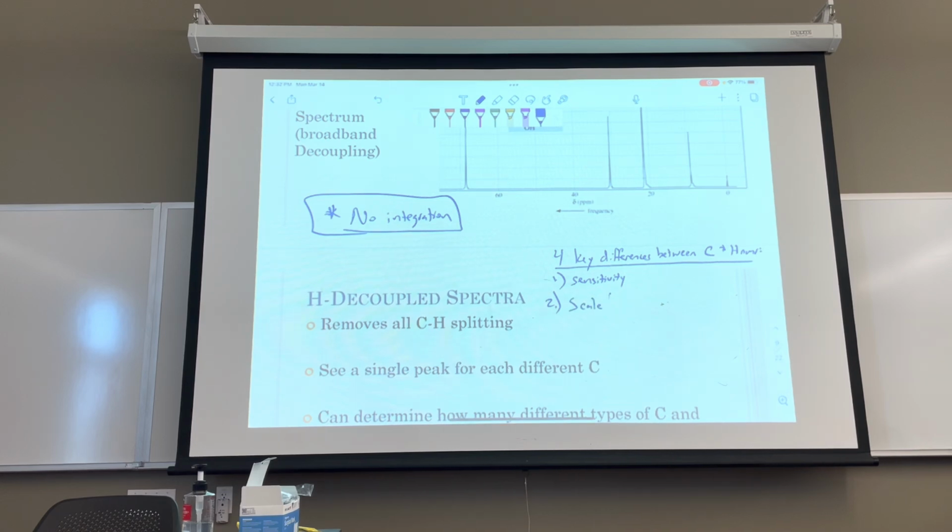Secondly, due to the difference in the energy gap between the alpha and beta spin states of carbon relative to hydrogen, the scale is much, much different. So as we saw, in proton NMR, you're typically looking at from 0 TMS out to 12 parts per million. With carbon, you're still looking from 0 TMS, but it's out to 220 parts per million. The third one is in the coupling or the splitting.